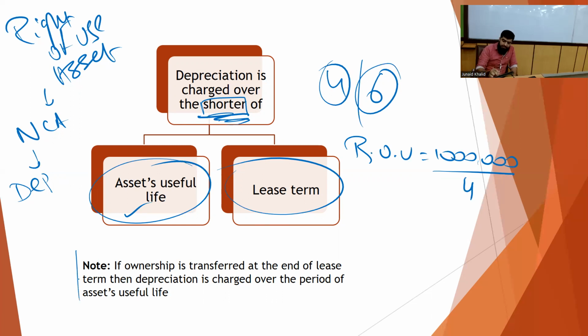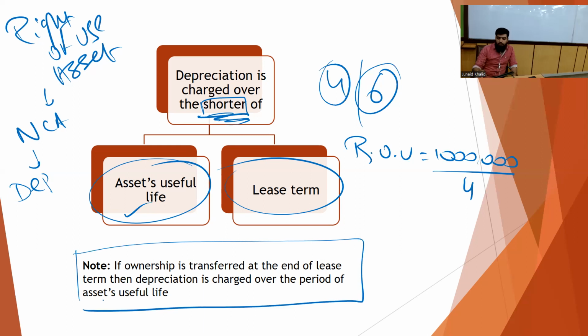But there is an exemption, or there is a note, or a disclaimer. If the legal ownership is transferred at the end of the lease term, then depreciation is charged over the period of the asset's useful life and not the lease term.